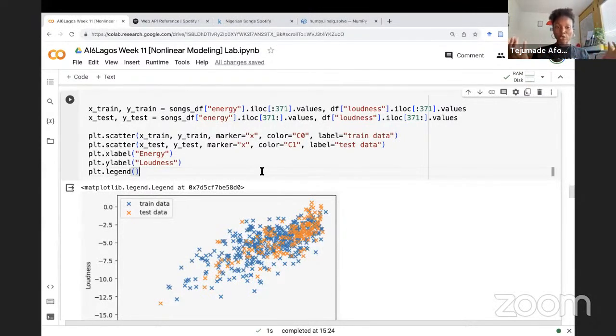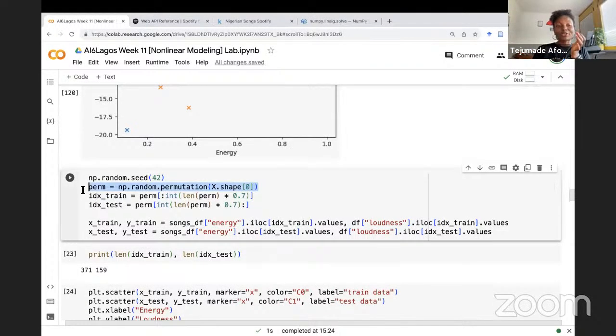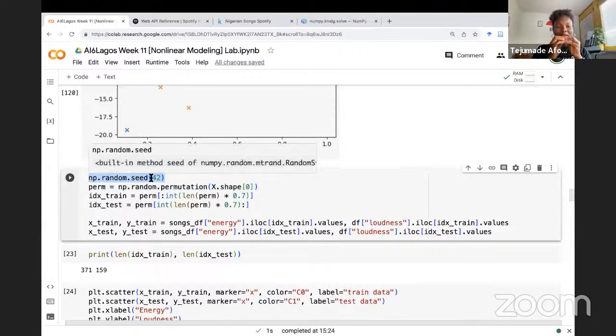The splitting is done randomly so that everyone gets an equal chance of being selected to some extent. This is what we're trying to do. We are trying to create this randomness so that we get the same results everywhere, so that whoever is running this cell gets the same result as I'm going to show now. We put this seed here. This random seed is just to make sure that the result is reproducible.